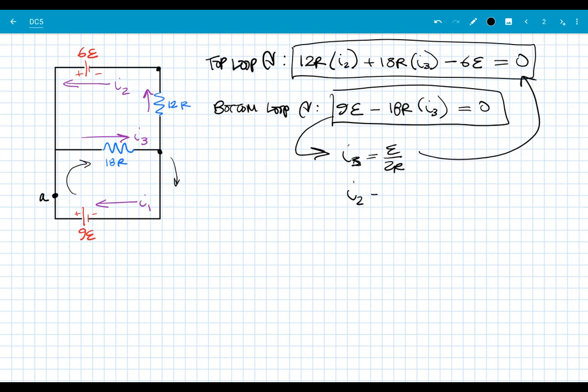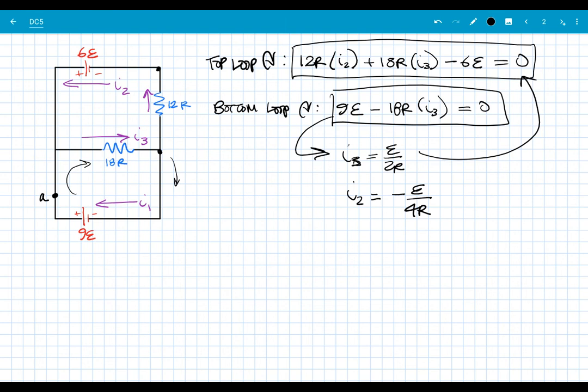If we solve for I2 here, what we'll get is negative E over 4R. I wanted to show you that, because we chose the wrong direction, obviously, for one of our currents.